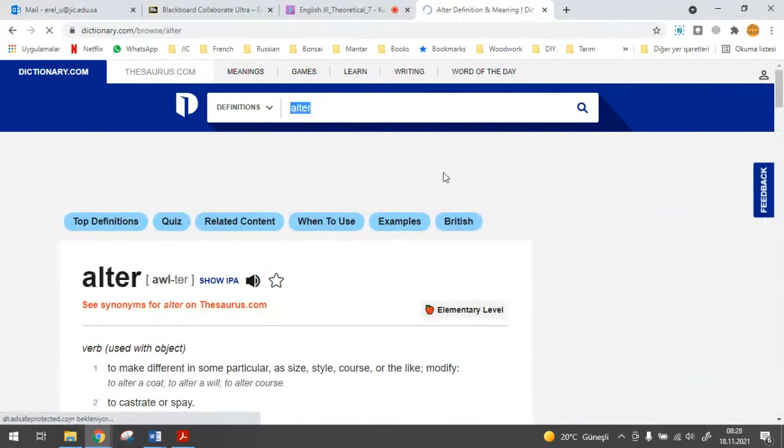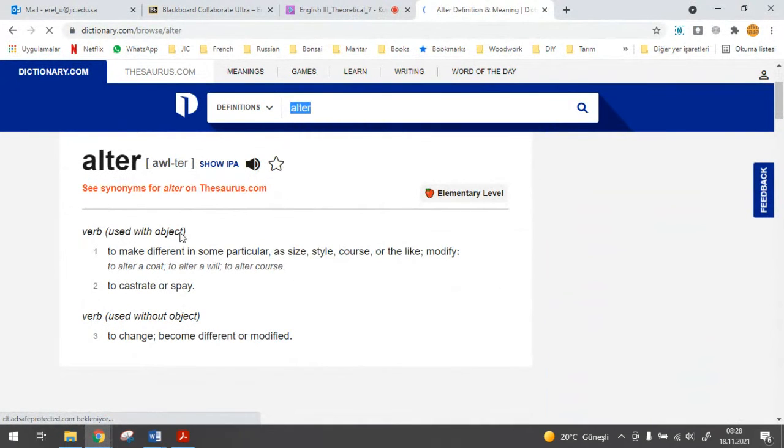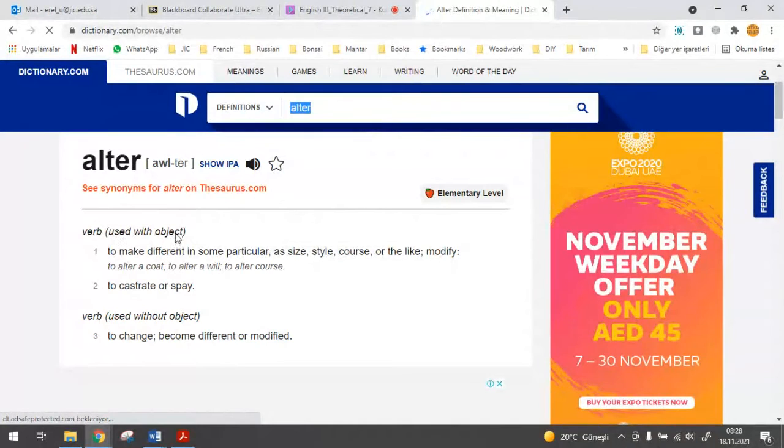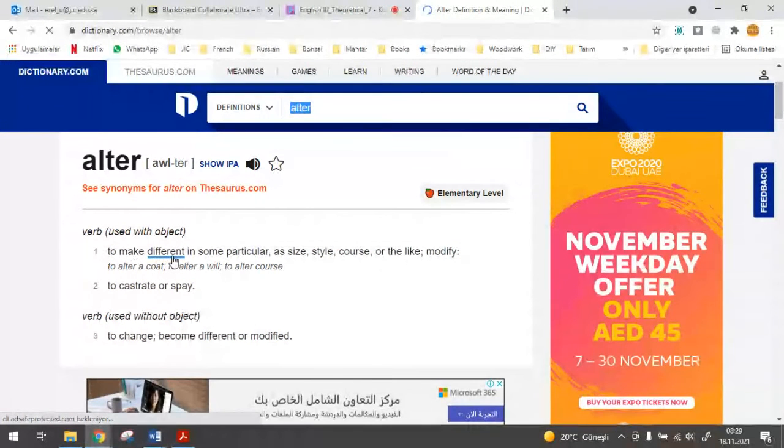Alter. It is used with an object. To make different, to make something different in some particular, for example, to change the size, the style, to change the course, to change, to modify something.